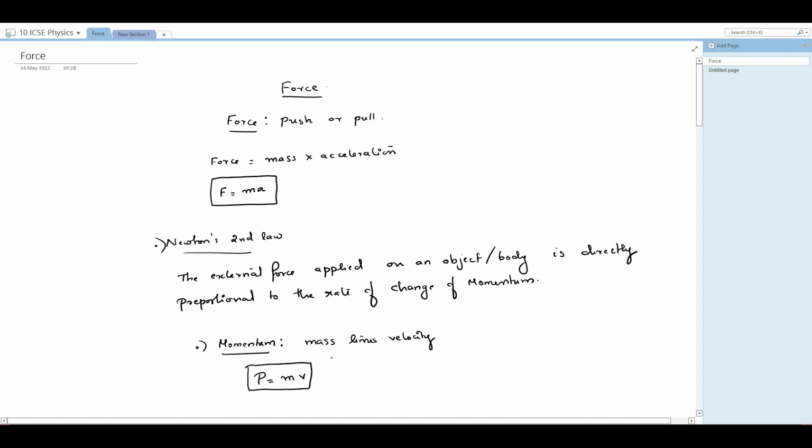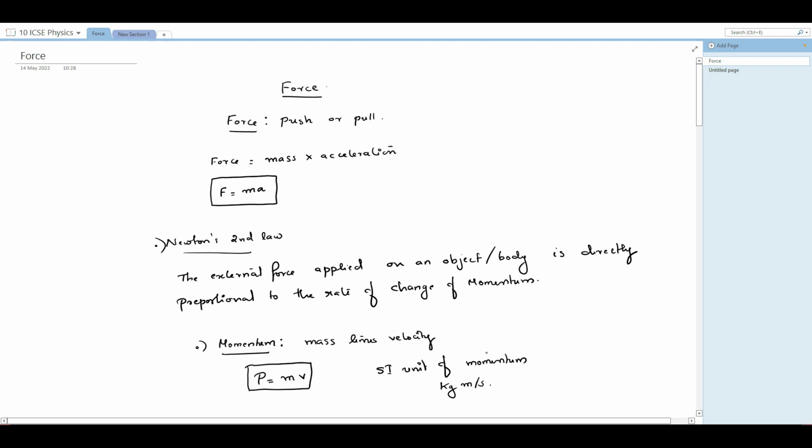This is very important to remember: P is equal to mass times velocity. The SI unit of momentum is kilogram, because mass is kilogram and v is meter per second. So the SI unit of momentum is kilogram meter per second.